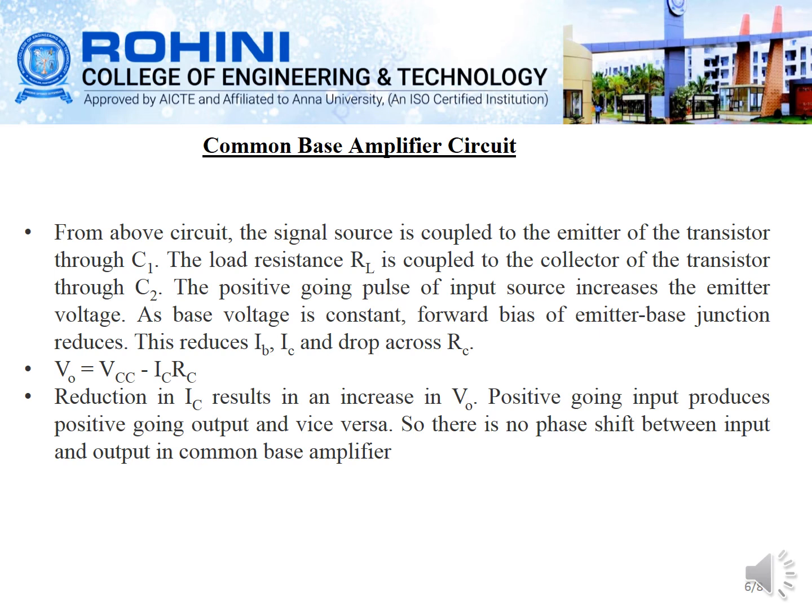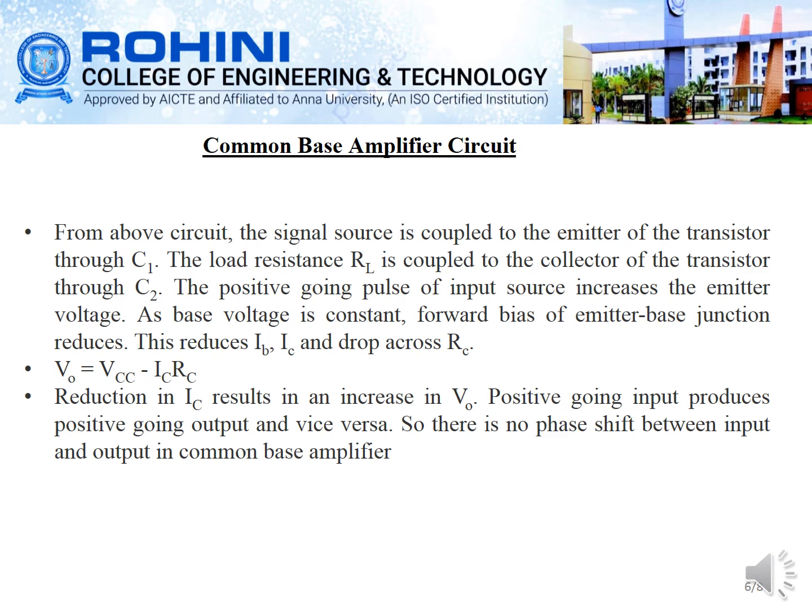Here, a positive going input signal increases the emitter voltage. Whenever the base voltage is set constant, the forward bias of the emitter junction is reduced. This reduction causes the base current and collector current to decrease.